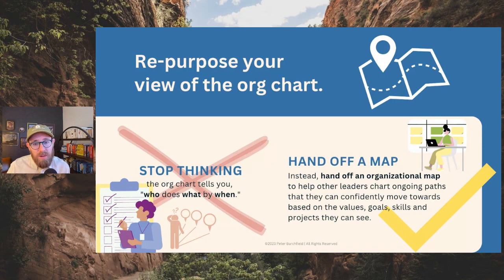So instead of just thinking of it as what is everybody doing and how are we getting all the work done, let's hand off the org chart to leaders and potential leaders and let it serve as a visual, as an organizational map that they can begin to see themselves making progress on.